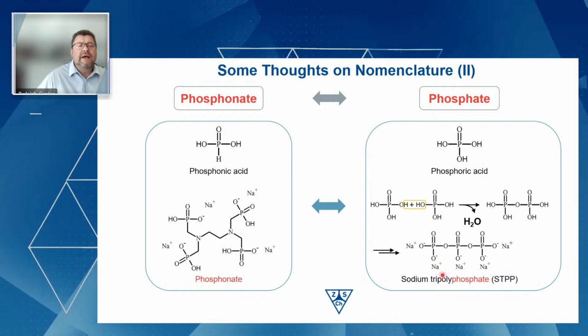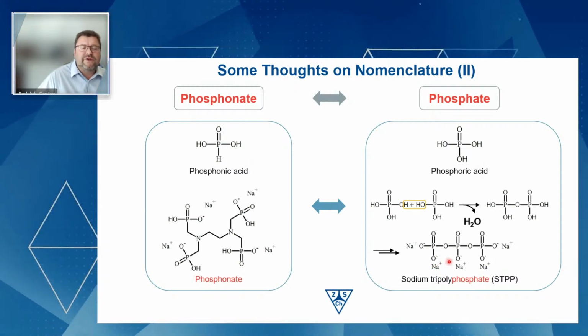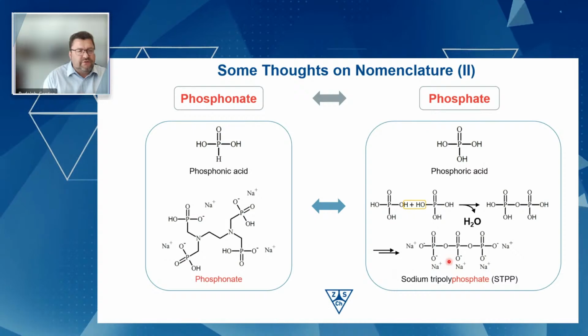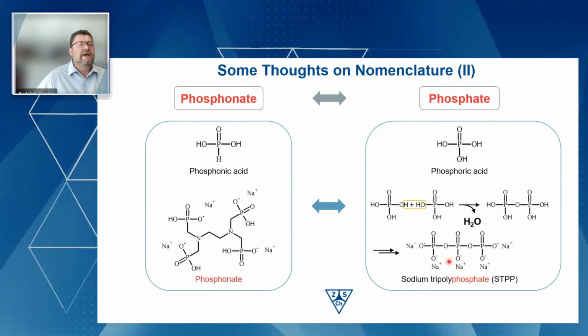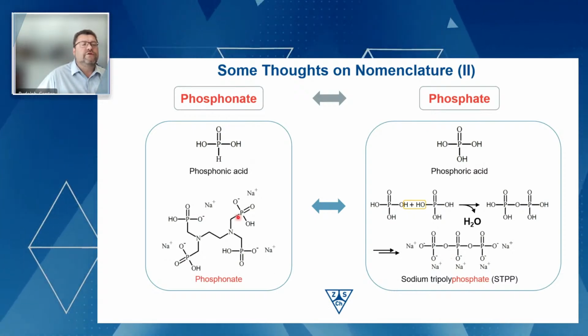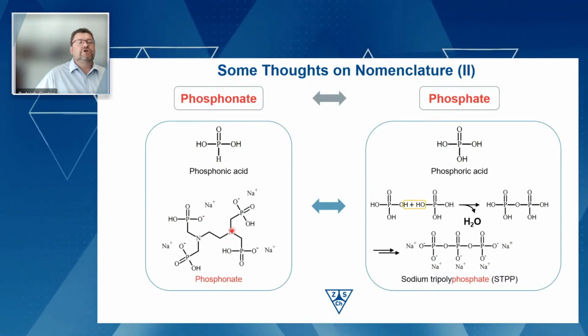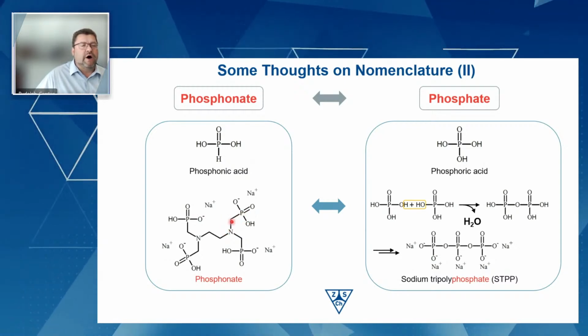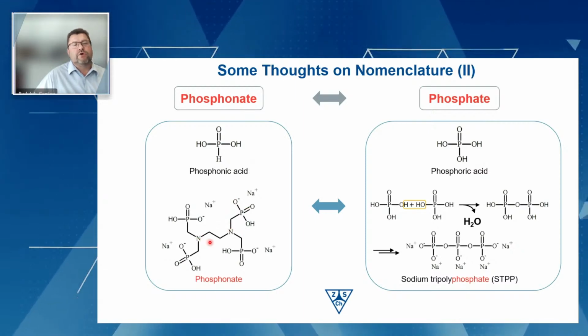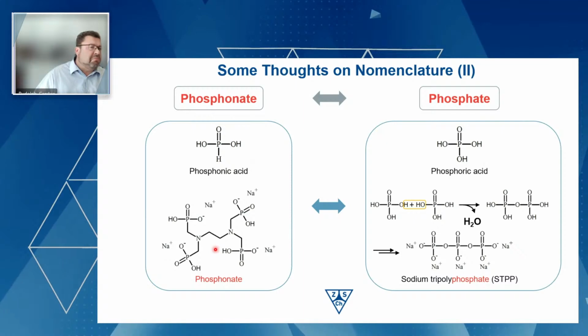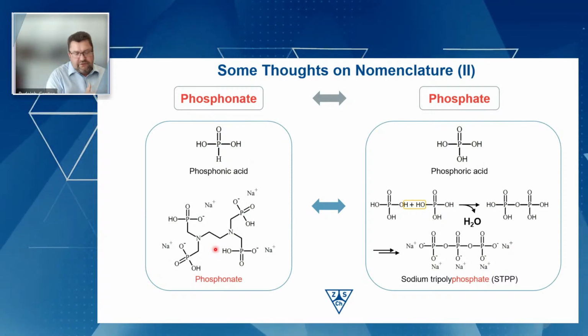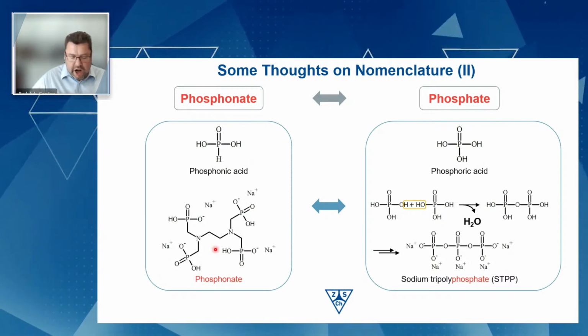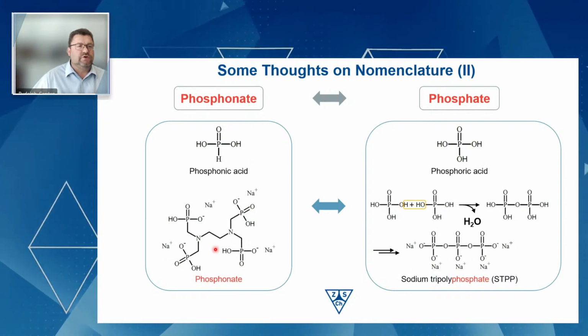This works quite well, but the polyphosphates are sensitive against hydrolysis, and in contrary to this, phosphonates are much, much stronger due to the bond where this functional group is connected with the backbone of the molecule. So I would call phosphonates the better version of the polyphosphates, so to say.